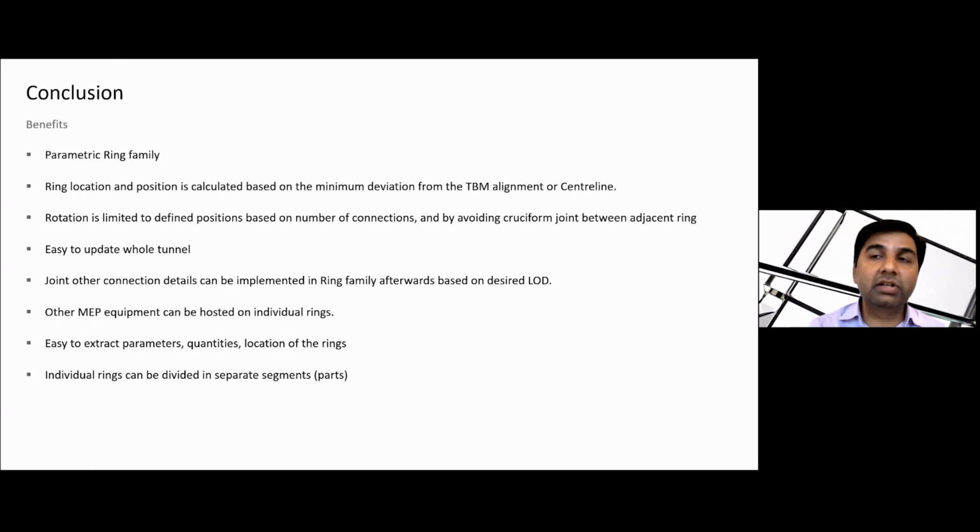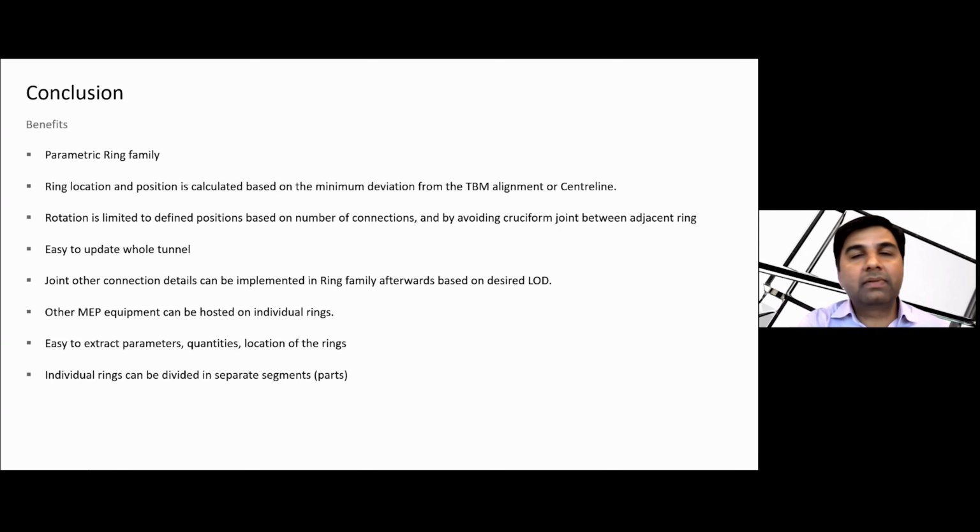The ring location and position are based on criteria like minimum deviation and not forming any cruciform joints. It is very easy to update the whole tunnel. If you have new information, a new alignment, just run the script and it will update the location of the rings, because location and position are parameters, not hard coded.